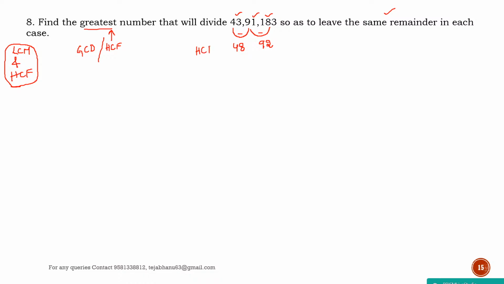Now find the HCF of 48 and 92, which is 4. The greatest common number we take from 48 and 92 is 4.